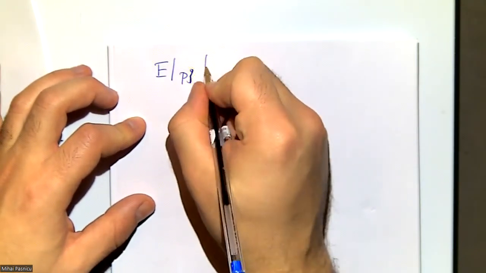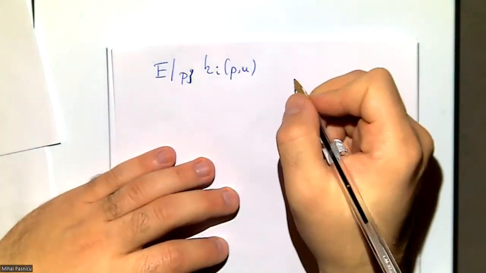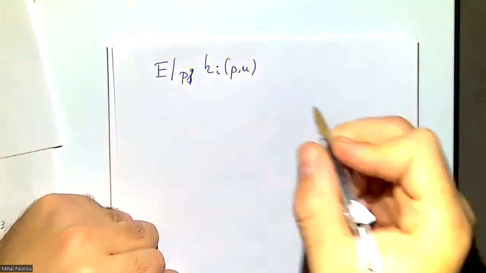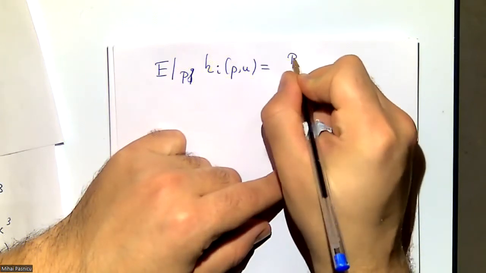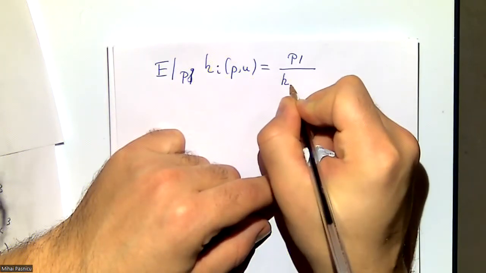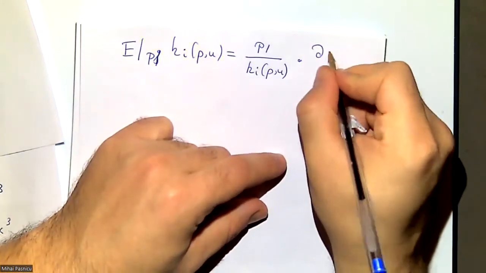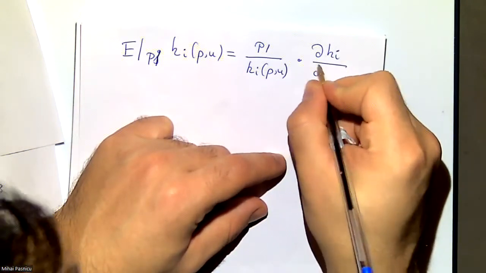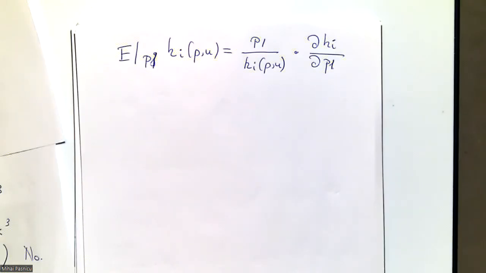The elasticity of h_i with respect to P1, we're going to keep this notation, is equal to P1 over h_i times the derivative of h_i with respect to P1. Okay, just the formula of elasticity. Hopefully I didn't get it wrong. I usually get it wrong 19 out of 20 times, so hopefully this is correct.